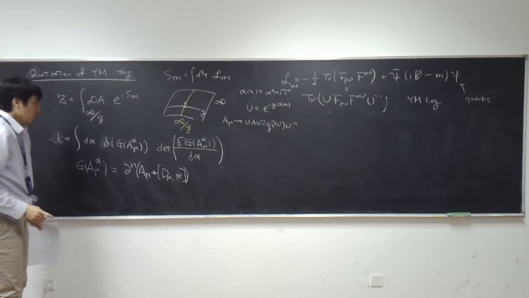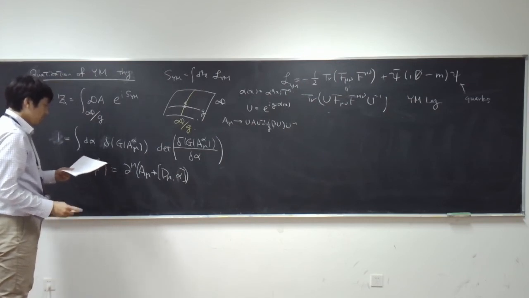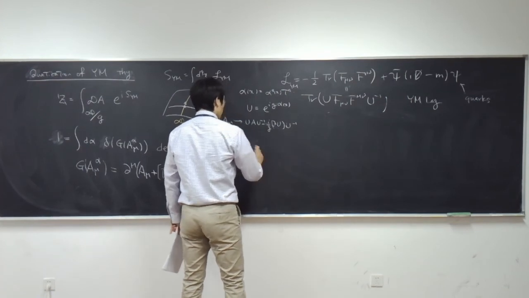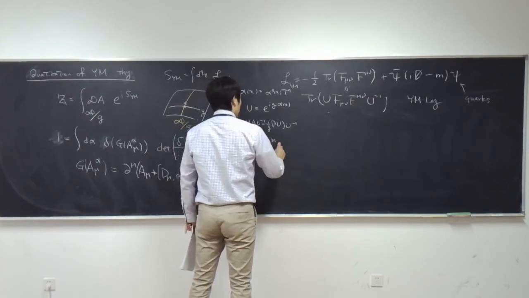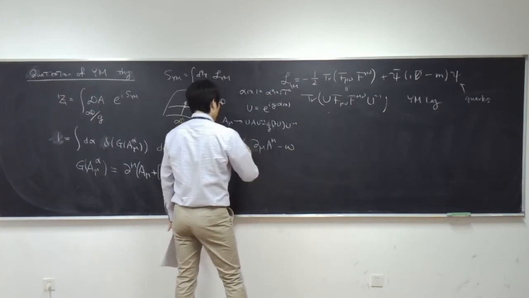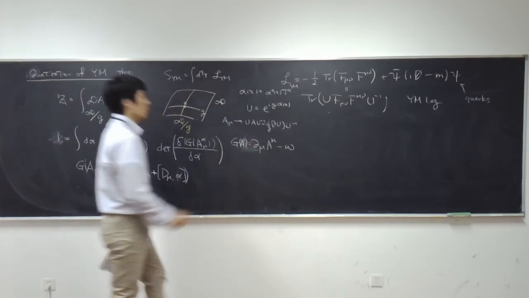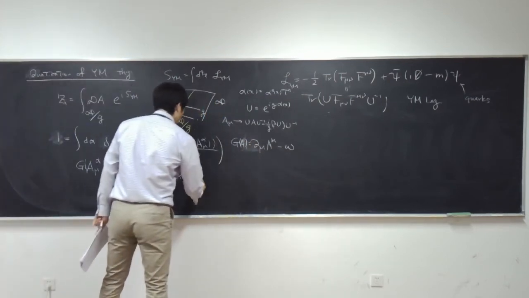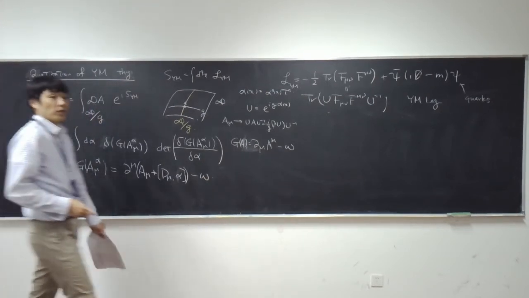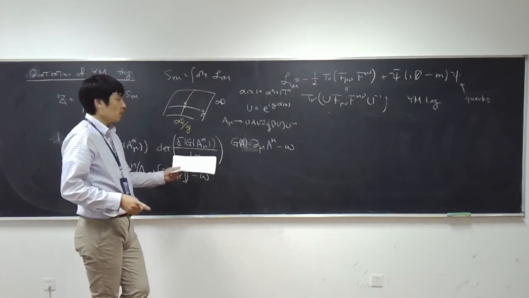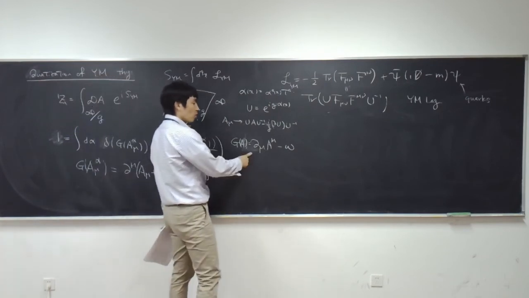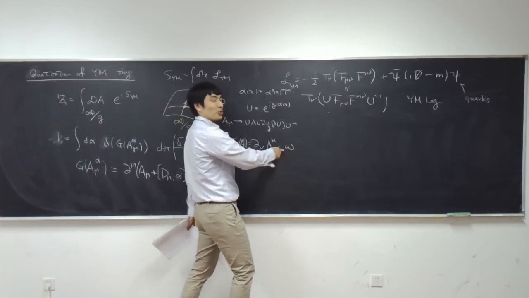So for G of x, we just take the Lorentz gauge, partial mu A mu minus omega. So this is G of A. Therefore, I just put the omega here, so that when we do the quantization of the electromagnetic field via path integral, we impose the so-called Lorentz gauge with some function omega.